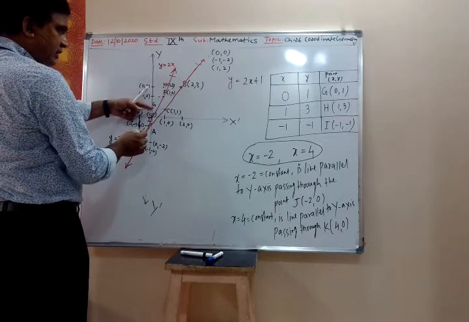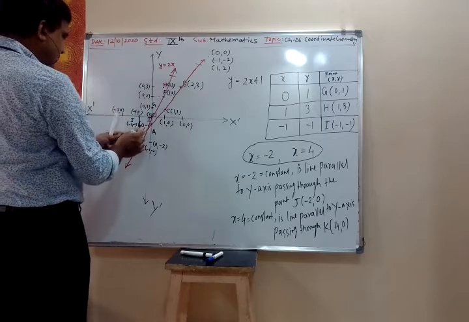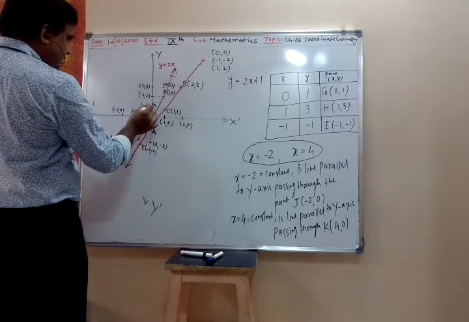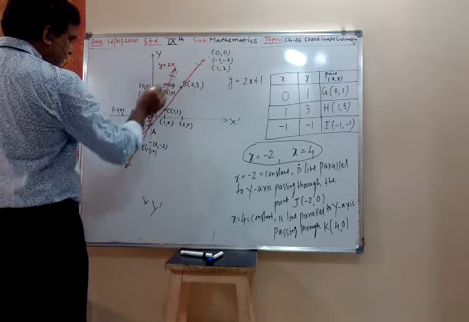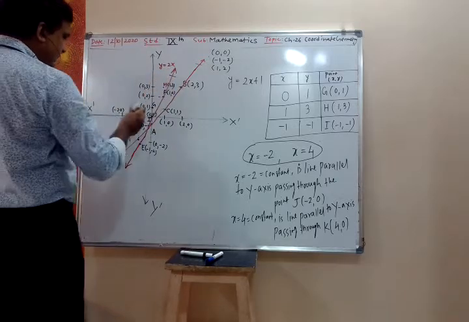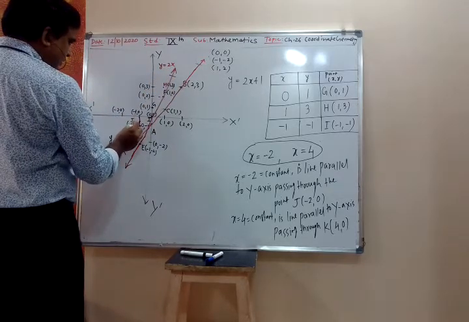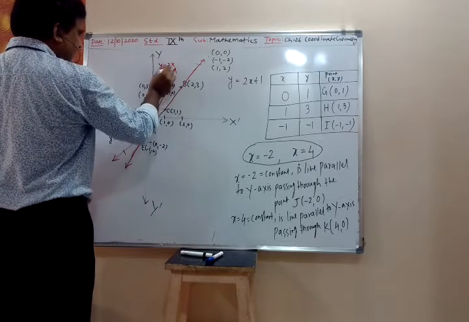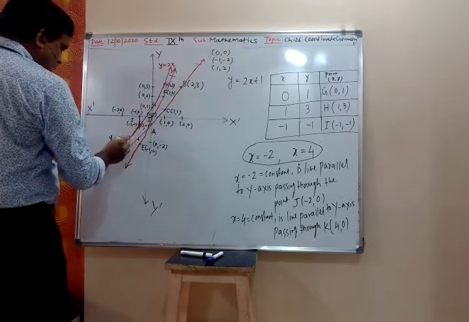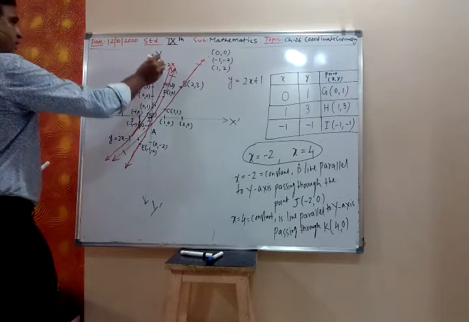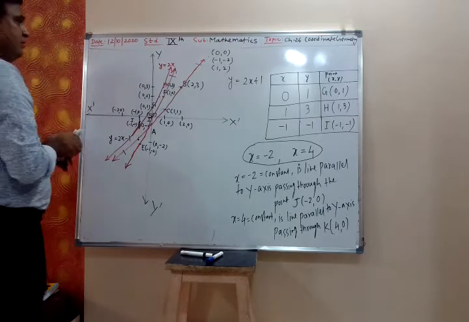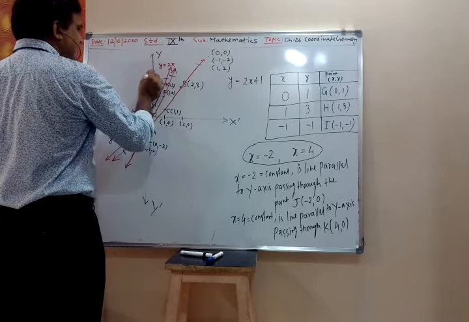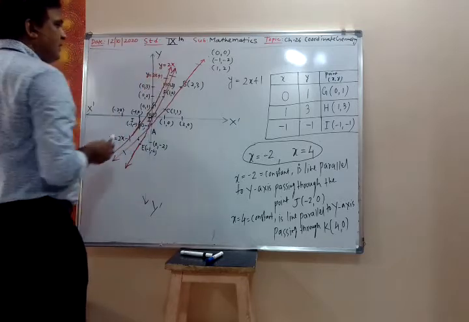Then I is minus 1, minus 1. So join these points GHI. This is the line y is equal to 2x plus 1.